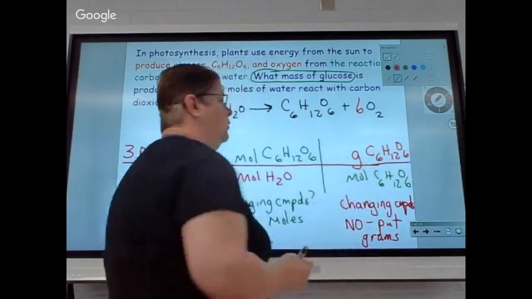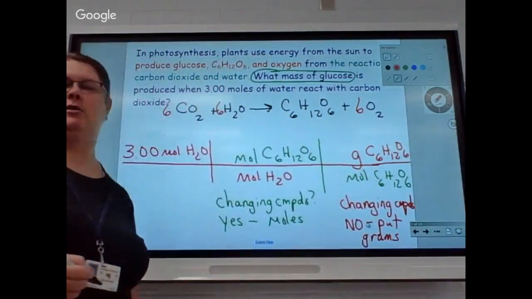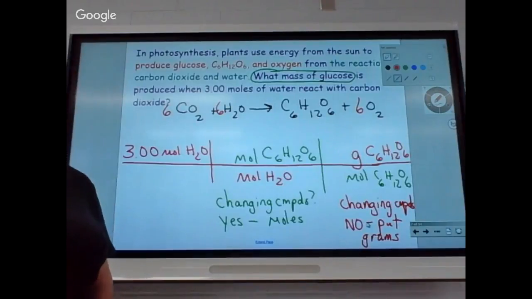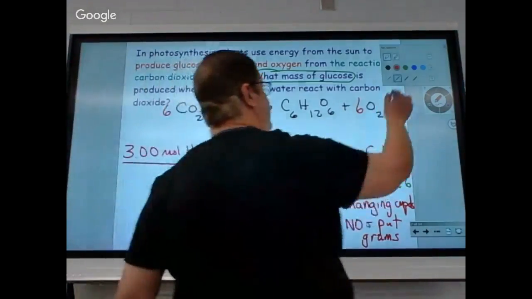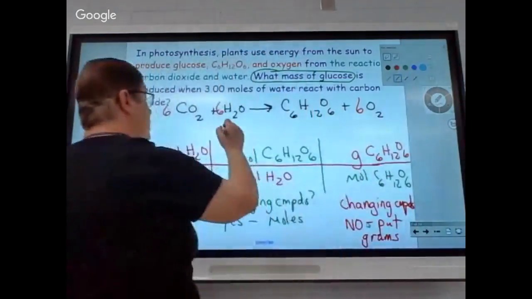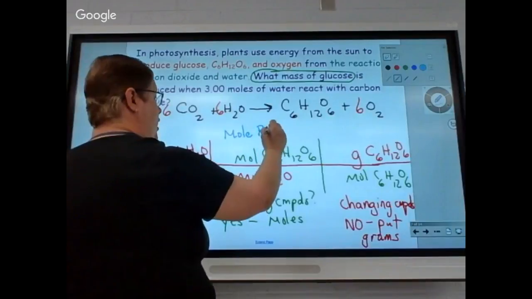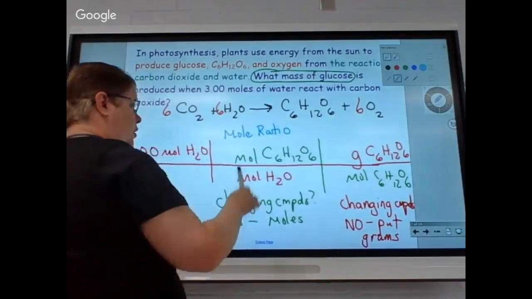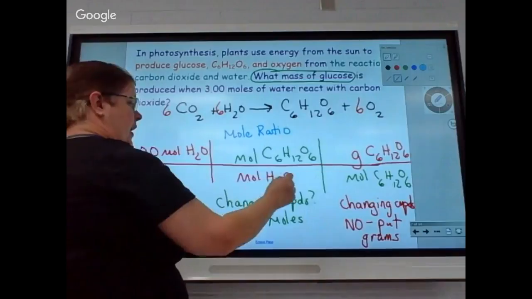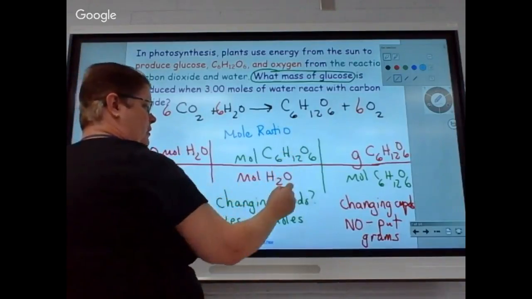Now, look back at what we talked about before. When we talked about changing compounds, what's the only place in the chart I said we could change compounds? It had to be a what to be able to change compounds? It had to be a mole ratio in order to change compounds. Moles over moles. That's where the compounds are different.